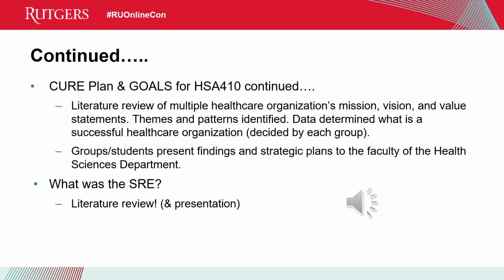So once they did the lit review and they gathered the data from the lit review and the mission, vision, and values, they came up with themes and patterns. And this was all written and is part of the strategic plan that they submit. And then one of the other goals is the groups and the students are presenting the findings and their strategic plans to the faculty of the health sciences department.